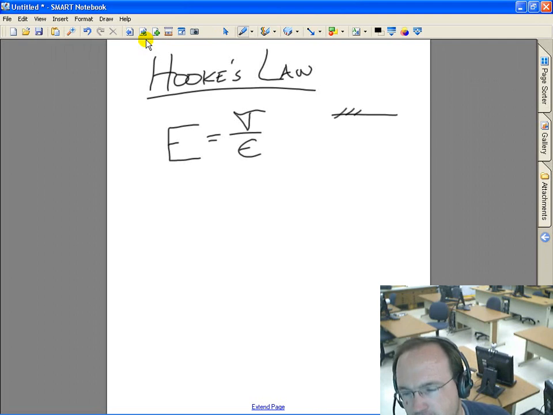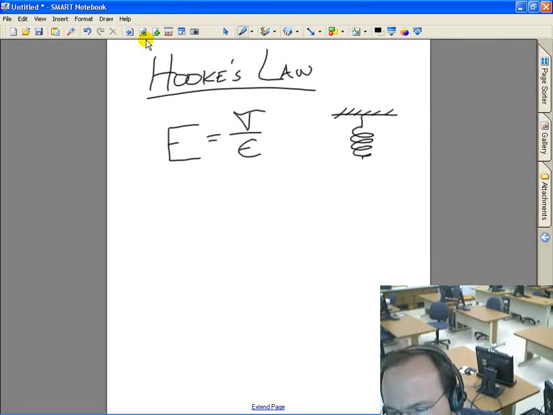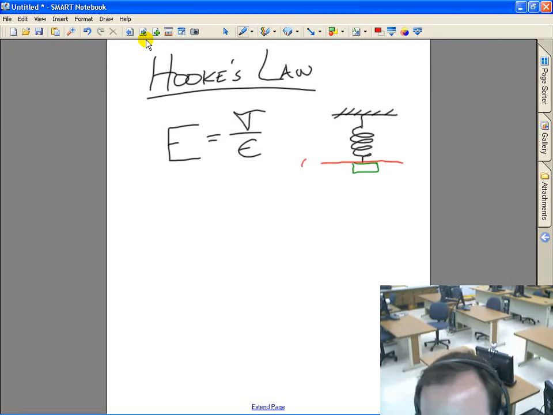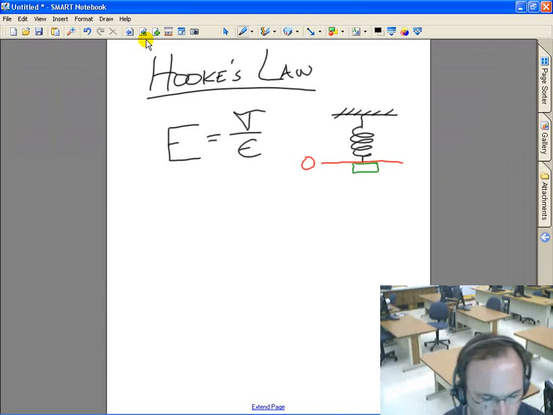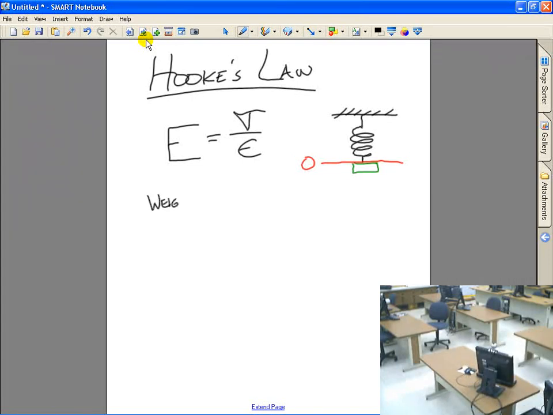Well, if I take a spring and I put a weight on it, and I measure this is 0, and I start doing a little recording, and I say weight over deflection.